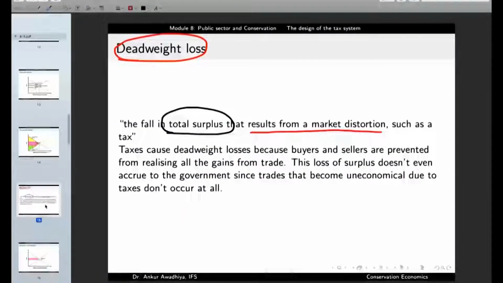So taxes cause this deadweight loss because buyers and sellers are prevented from realizing all the gains from trade, and this loss of surplus doesn't even accrue to the government since trades that become uneconomical due to the taxes don't occur at all. So now the question to the government is, how do we maximize our taxes while ensuring that the deadweight losses are kept at the minimum?